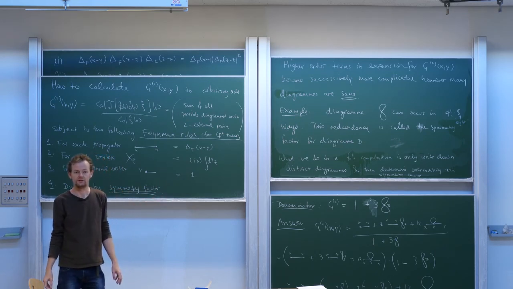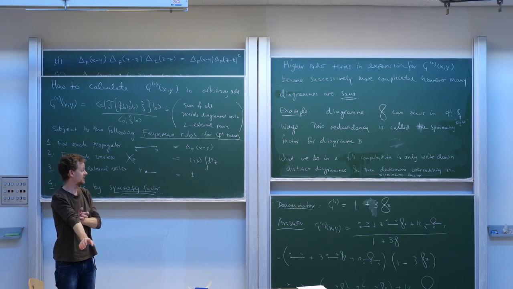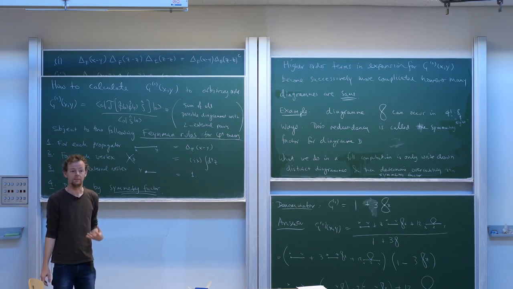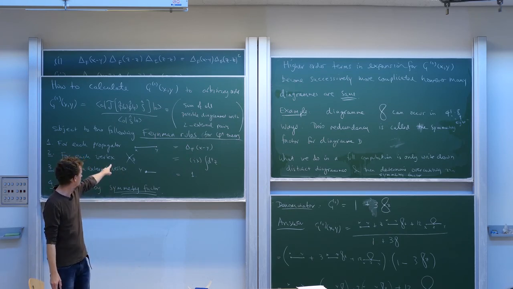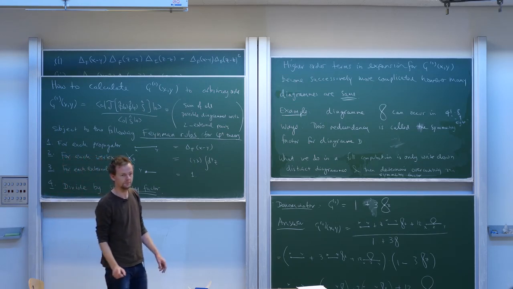Every theory has a different set of rules. But we've now met the Feynman rules, and our task for the rest of this course will be to make sense of these expansions and to try and extract observable information from them. But for the moment, I think it's a good moment to stop. So thank you very much.